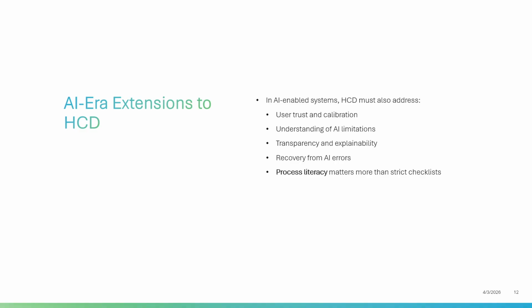We need to be able to recover from artificial intelligence errors, and we need to understand that human-centered design is a process literacy, and it matters more than just going through checklists. We really need to be involved in the process and understand it, and it's not just checking the box.